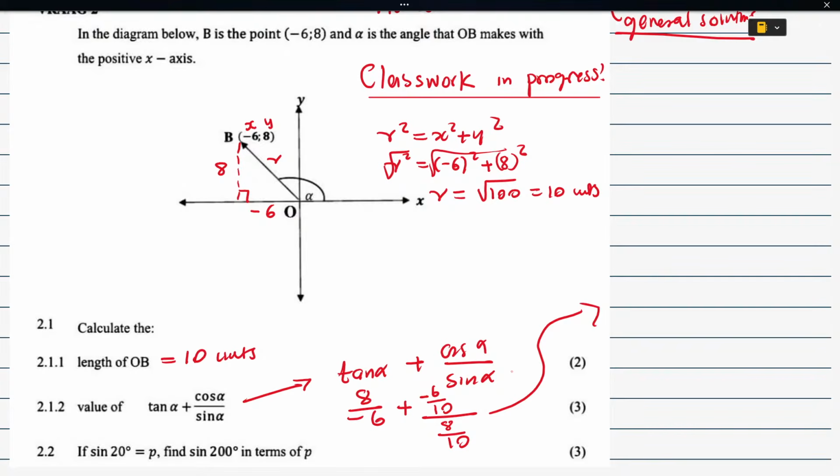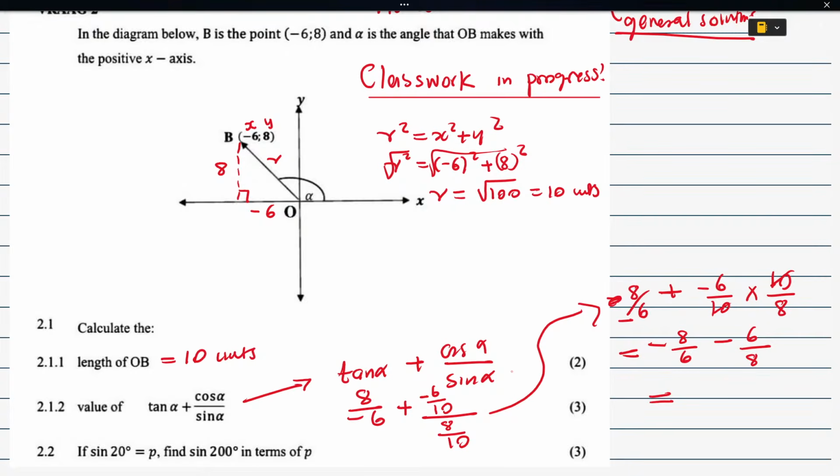So when you write it, it is two fractions. So it will be 8 over minus 6 plus, you interchange this, it's going to be minus 6 over 10 multiplied by 10 over 8. So which means 10 and 10 is going to cancel. You are going to have minus 8 over 6 minus 6 over 8.